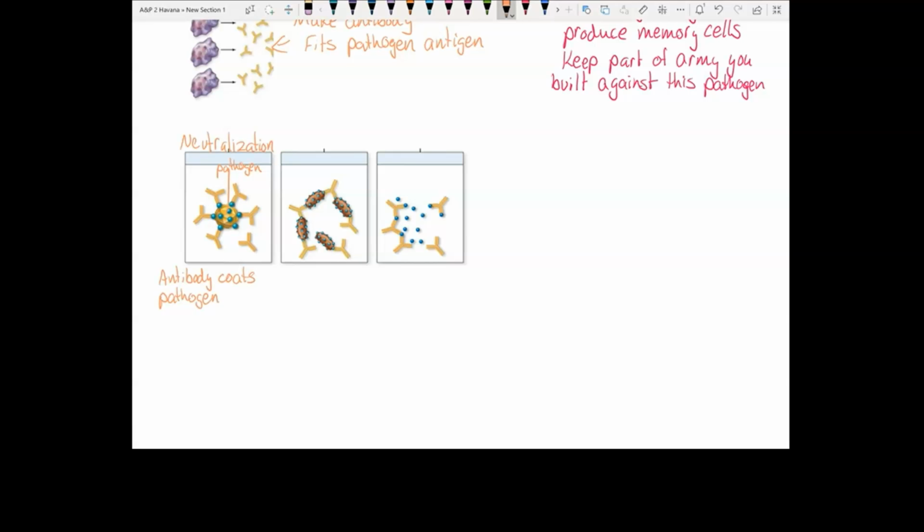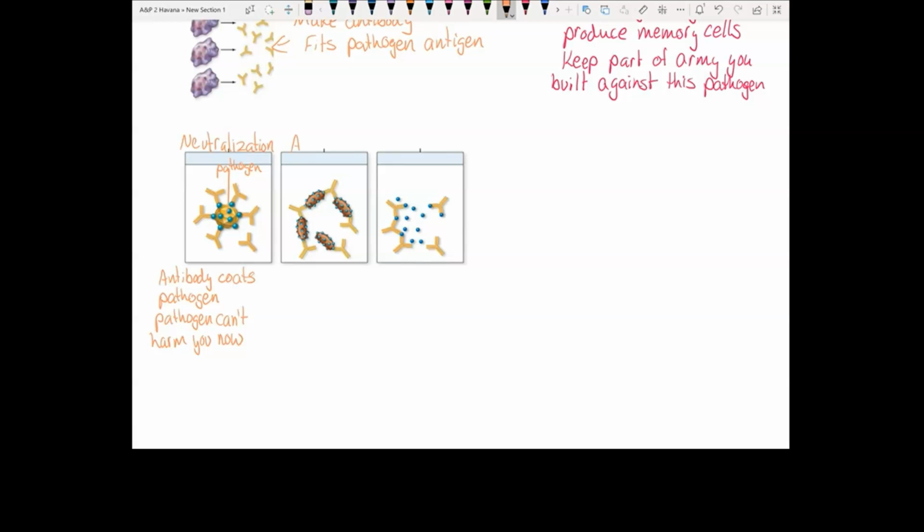And now the pathogen is all bogged down in these antibodies clinging to it, and it can't do anything. So the pathogen becomes useless. It can't harm you while it's coated in antibodies. So you've neutralized the pathogen.